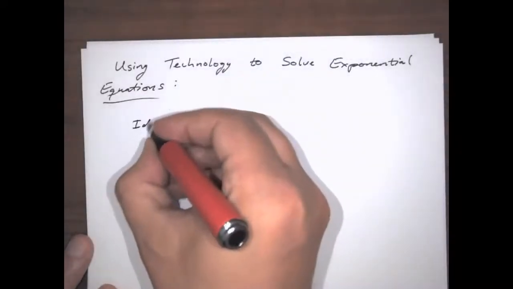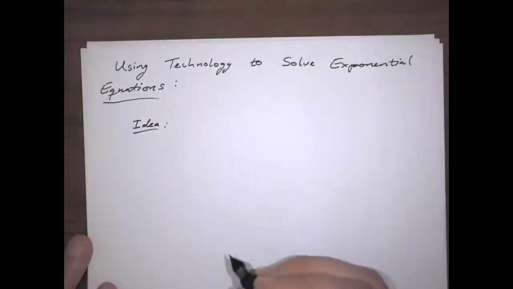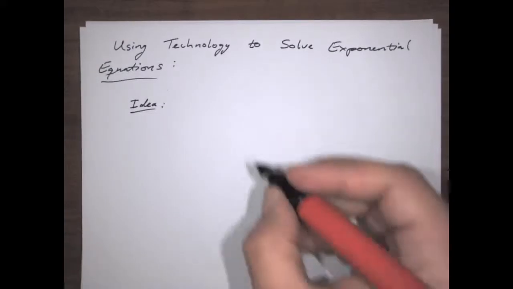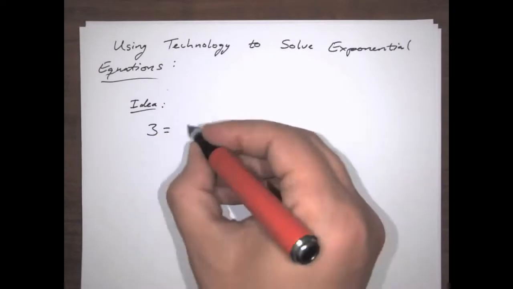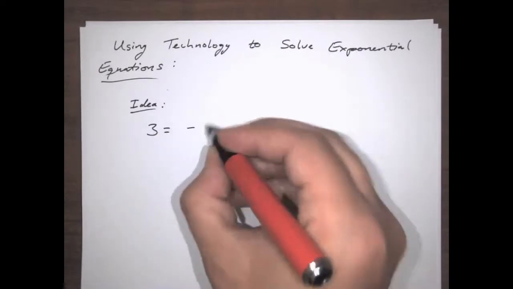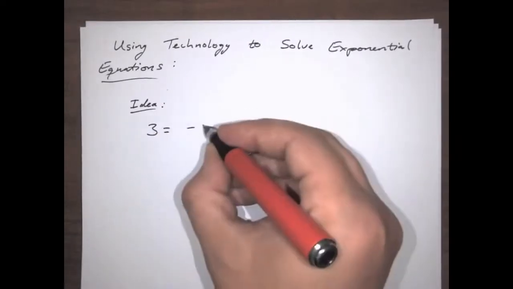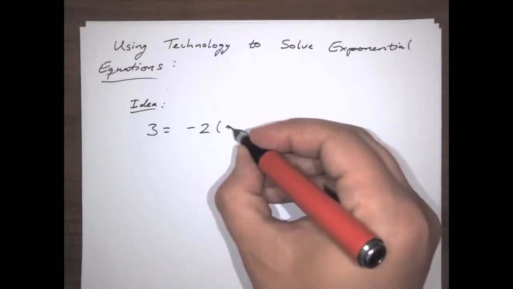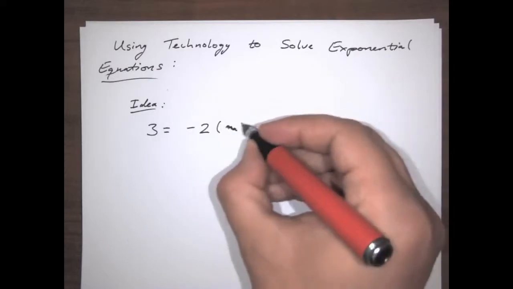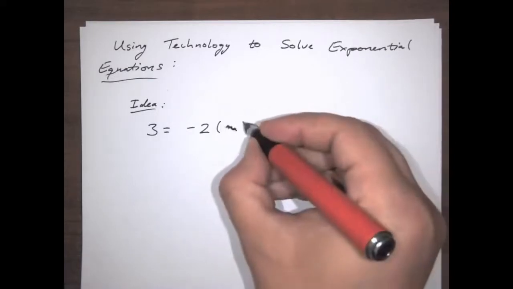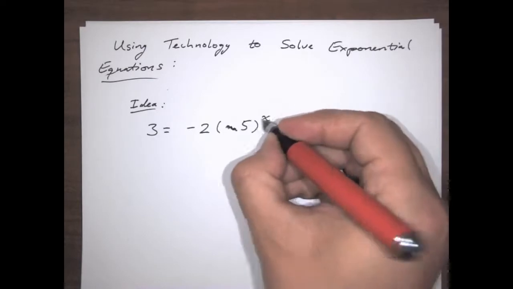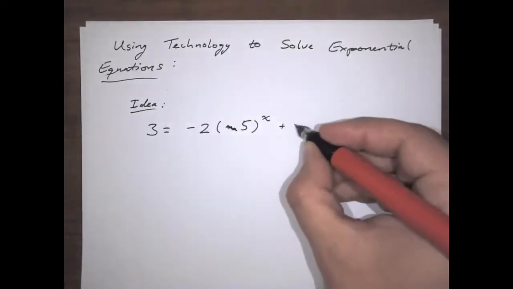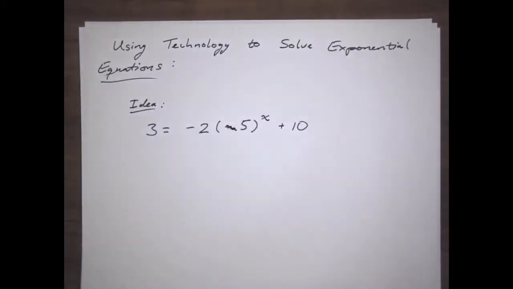Let's say that we had an exponential equation such as something like this: 3 equals negative 2 times 5 to the x plus 10, something like that.